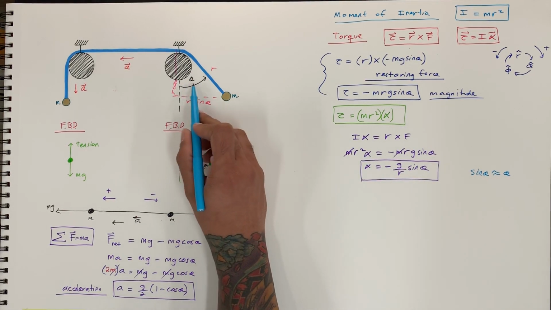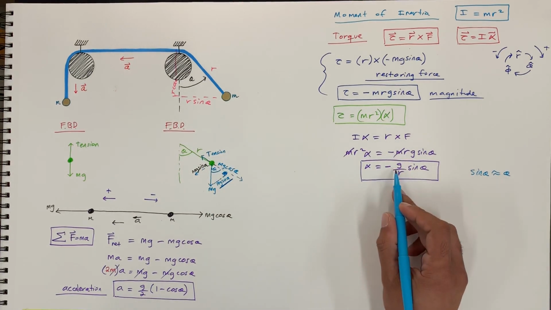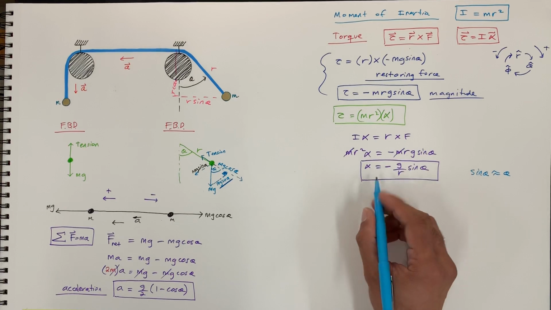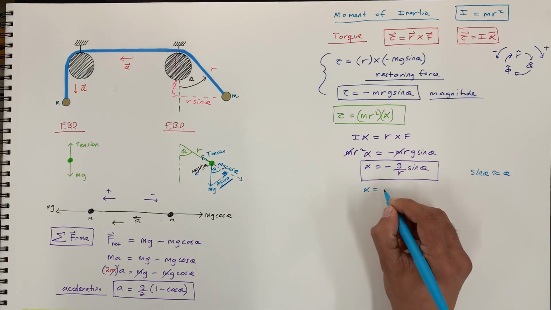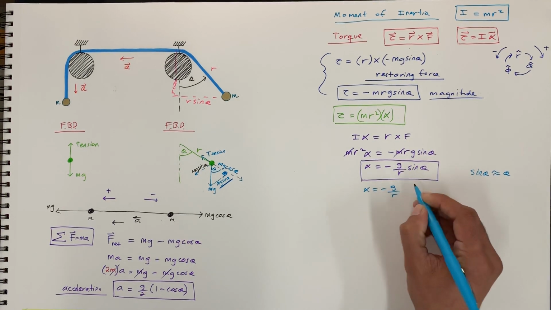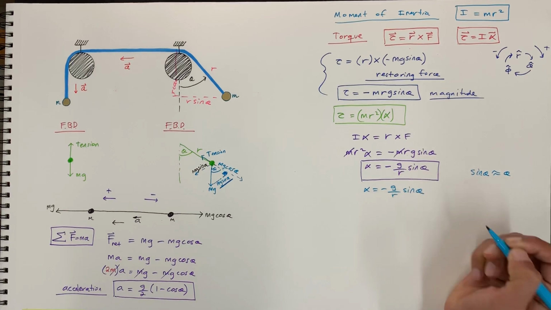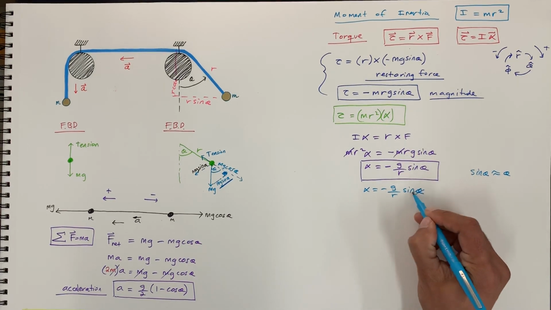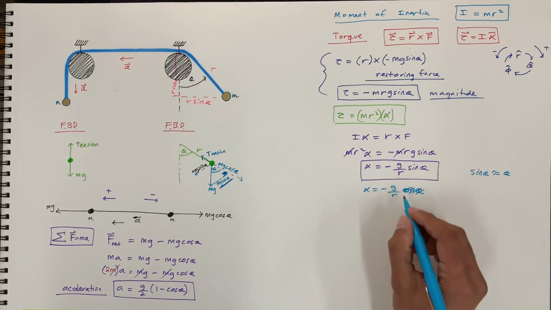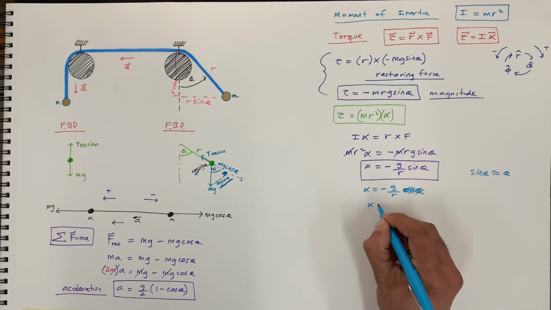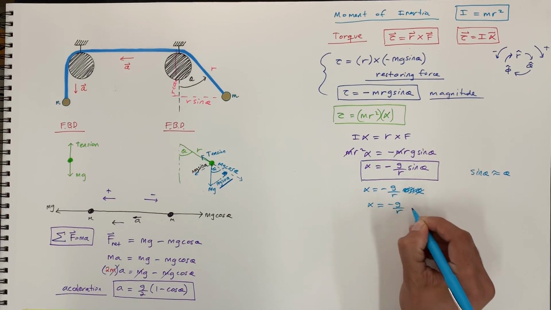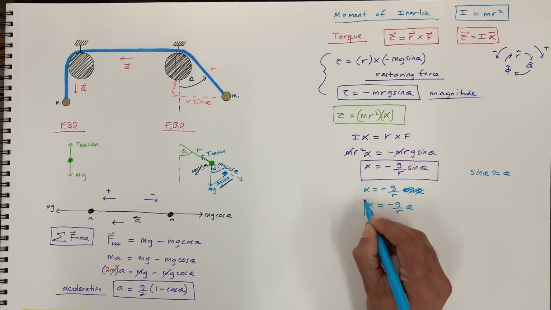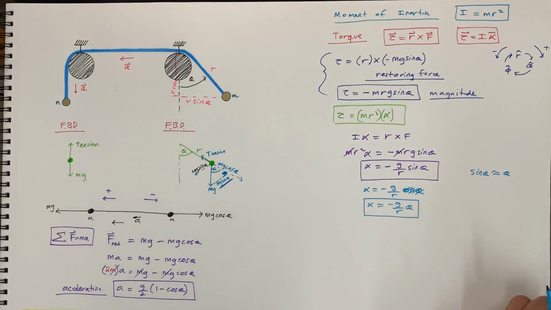So small angle approximation allows us to change this to negative g over r, sine theta. Oh, sorry, to theta. So let's write that again: alpha equals negative g over r theta. Okay, we have this, but we need to simplify what this means.